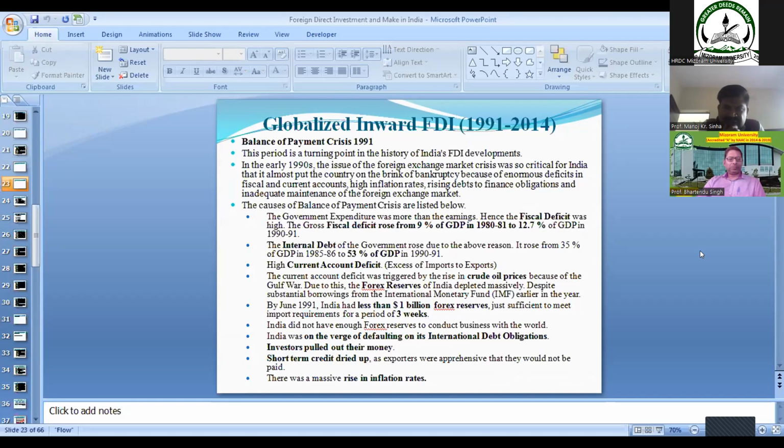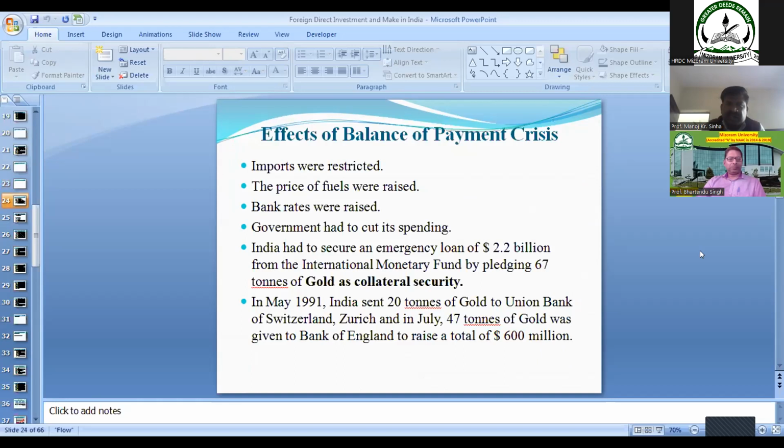And India was on the verge of defaulting on international debt obligations. Investors pulled out their money, short-term credit dried up, and the inflation rate was very high. These are the causes for the balance of payment crisis in 1991.